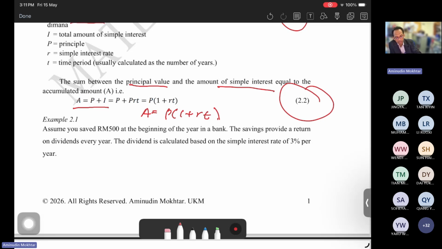The savings account provides a return of 3% per year, and the calculation is based on the simple interest rate. Now I will show you how to calculate the interest based on the simple interest. Okay, please refer to page 1 and page 2.